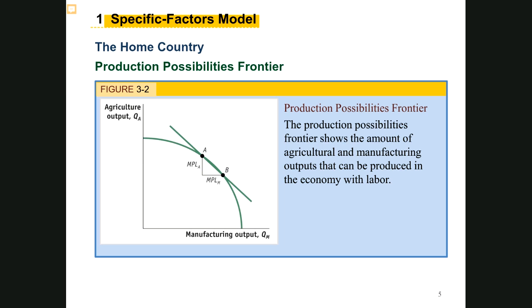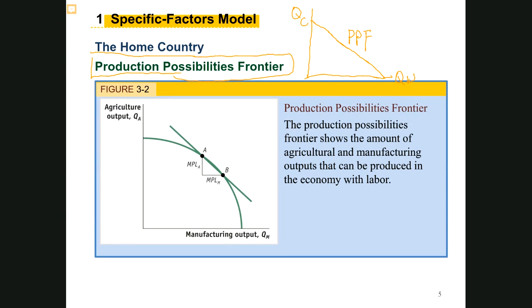So, once again, this is our old friend, the production possibilities frontier. Remember that in the Ricardian model, the one we just went over today, this is our PPF. And these are the two different goods that we have.